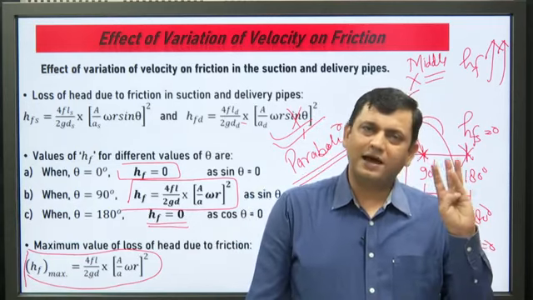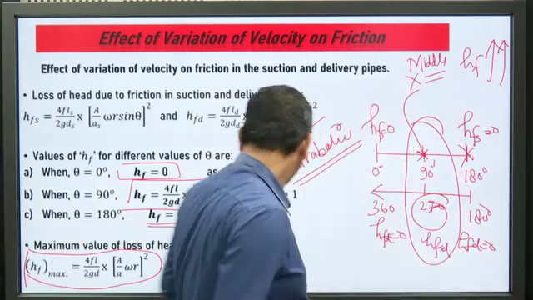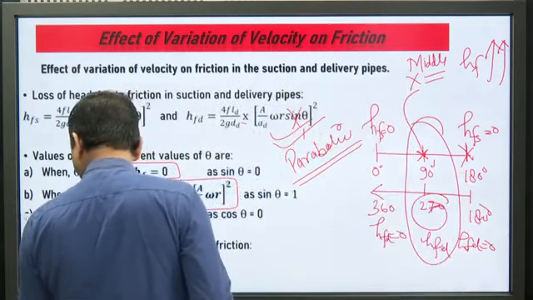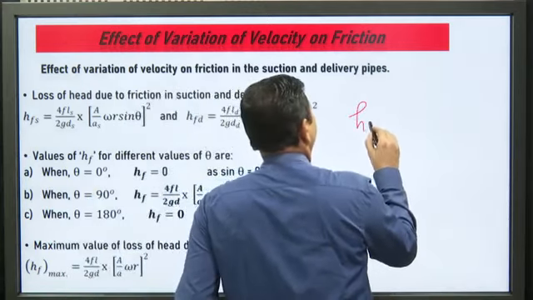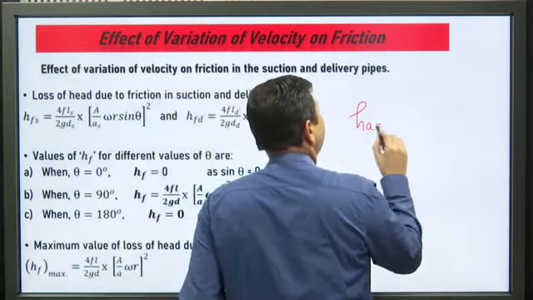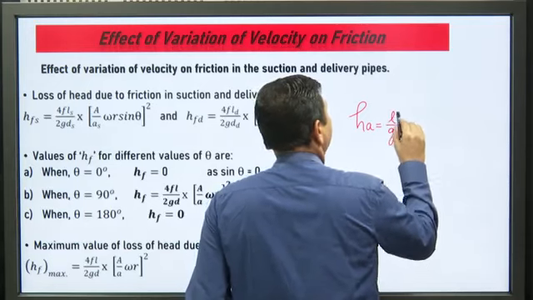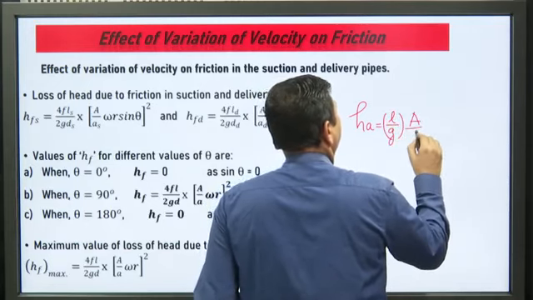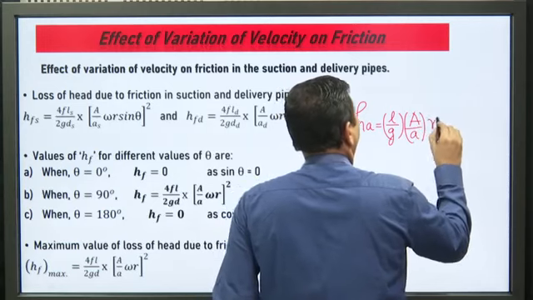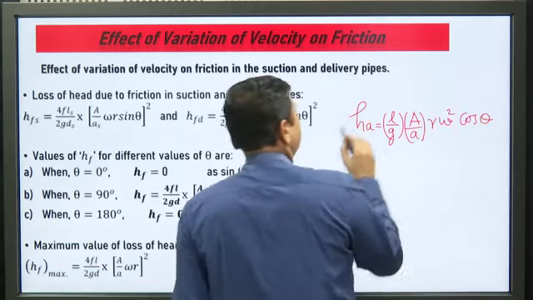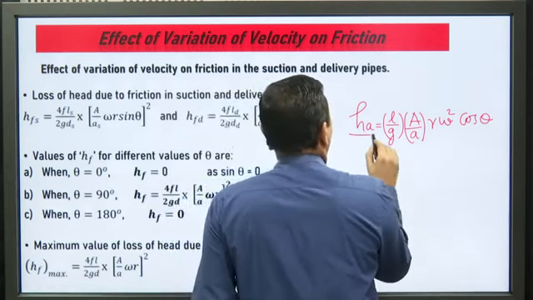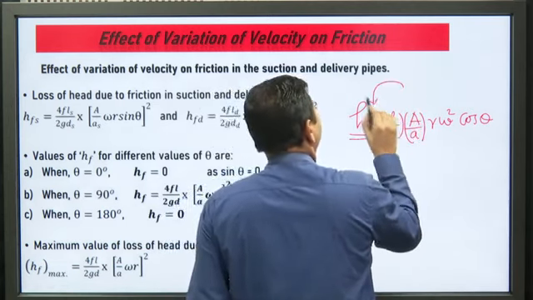Yes. So we have already calculated the acceleration effect, HA equals L upon g, A upon a, r omega square cos theta. Okay. This equation is the effect of acceleration.